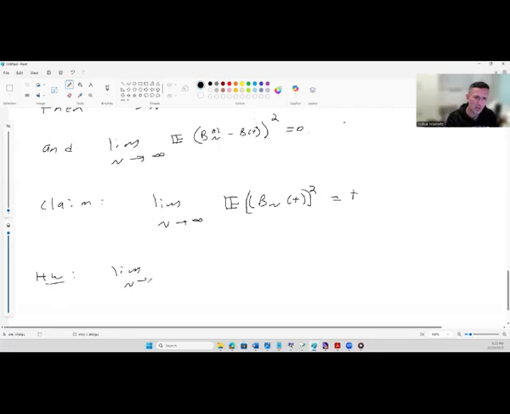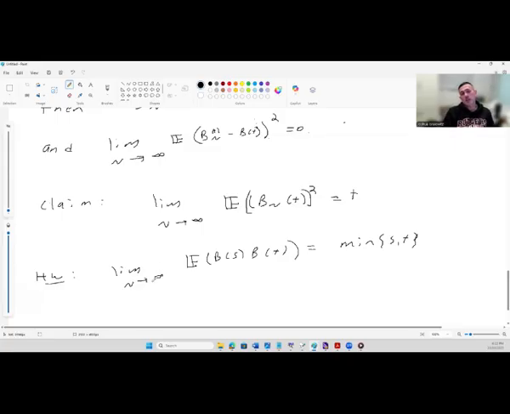Another main property you need of Brownian motion is that the covariance of B of s and B of t is going to be the minimum of s and t.